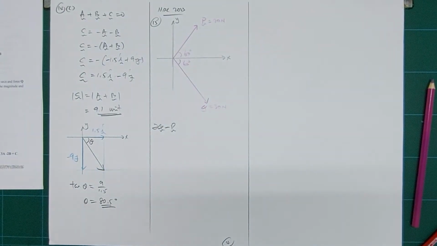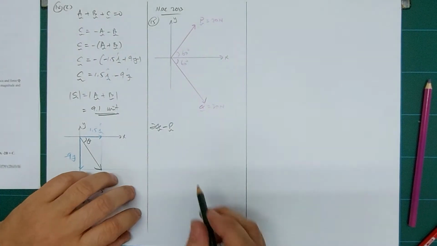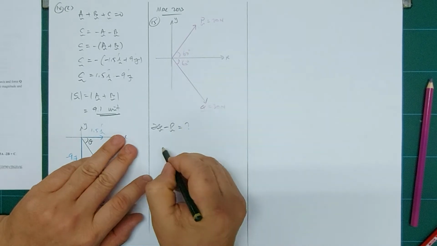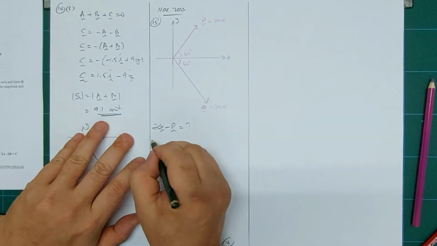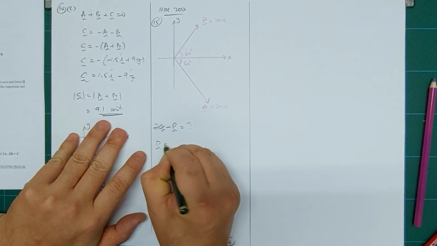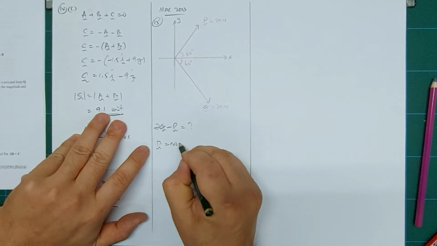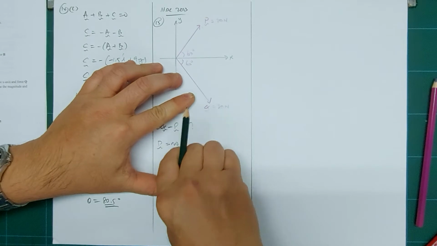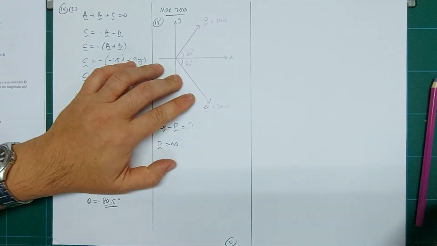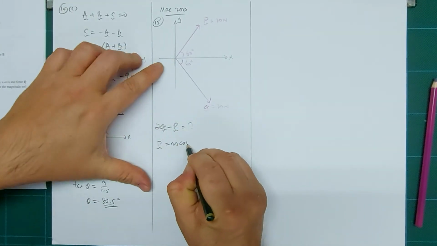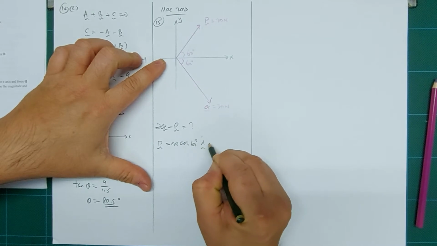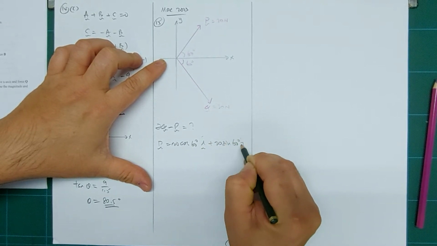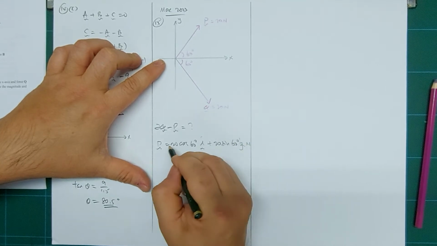Before that, you have to calculate the components. We find the component of P. P is equal to 20 cosine 60 i, plus 20 sine 60 j, in Newton.